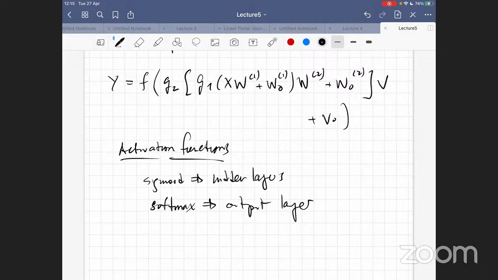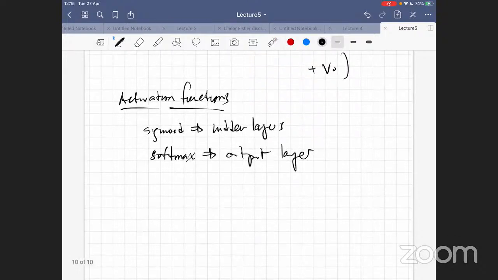Of course, if I have a classification problem with K classes, I better use softmax, right? In general, there are many activation functions, so here I'm just showing two of them. So if this is 1, this is 0, and this is -1.